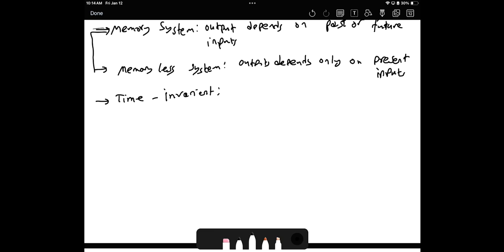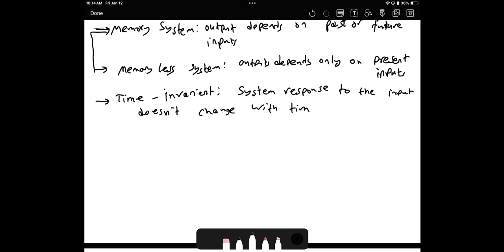Time invariant means the system's response to the inputs does not change with time. I use a shortcut for time invariant: TI.